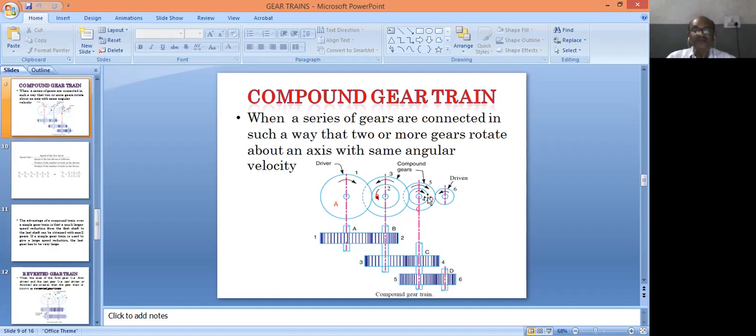It is similar for gears 4 and 5. As shaft C rotates at a particular speed, the speeds of gears 4 and 5 are the same. This combination of gear train is called a compound gear train.